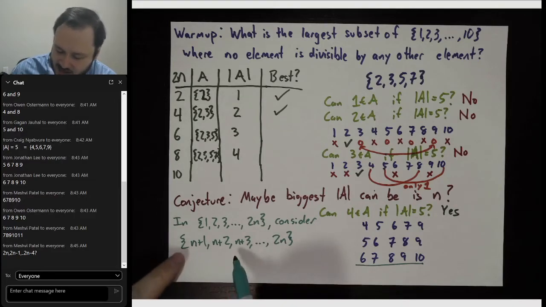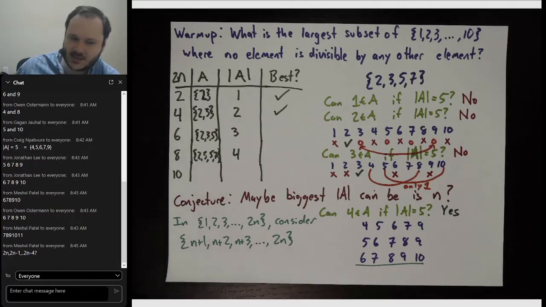Does anything in this set divide anything else? Well, if one number divides another number, what's the smallest thing it can be a multiple of?